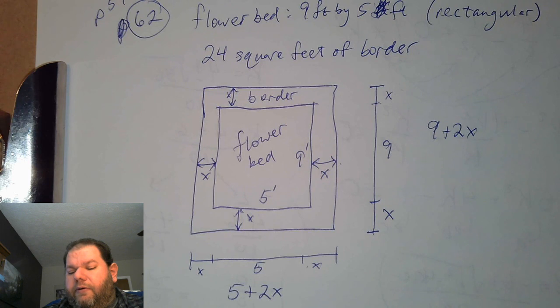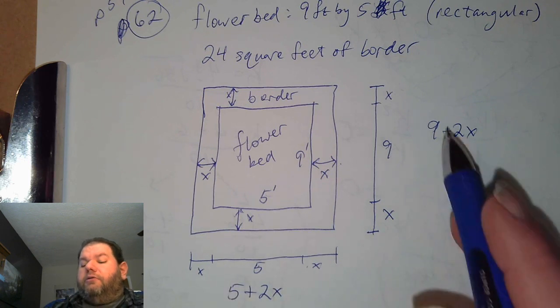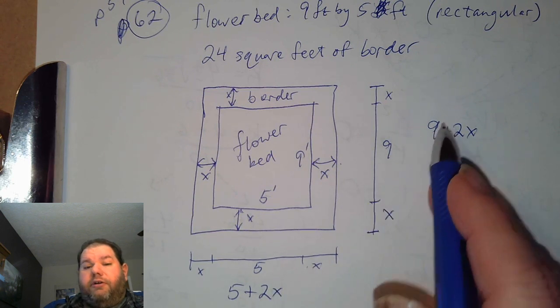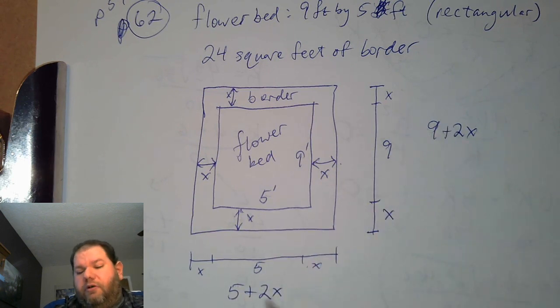Alright, so our width is 5 plus 2x, our length is 9 plus 2x, and for the area of the triangle, or sorry, rectangle, the area of a rectangle is length times width, so that's what we can apply there.